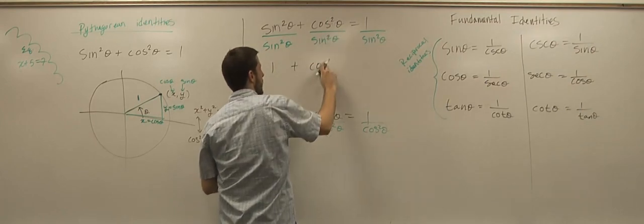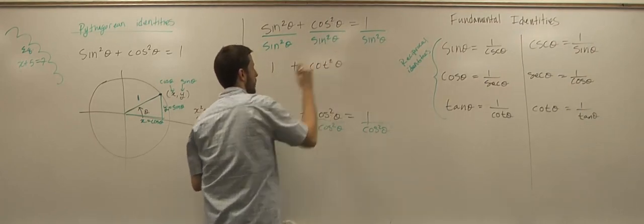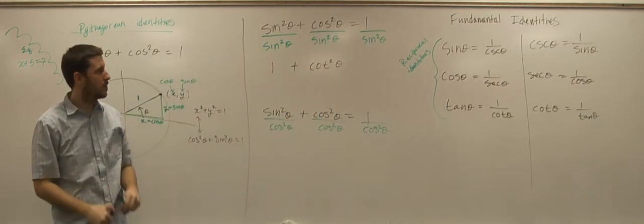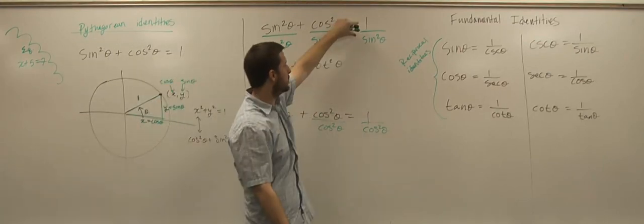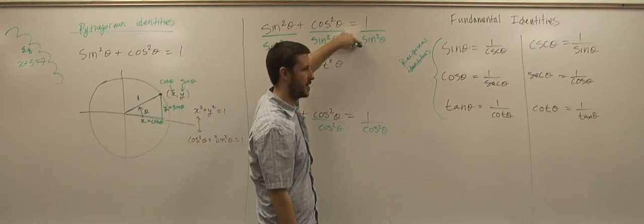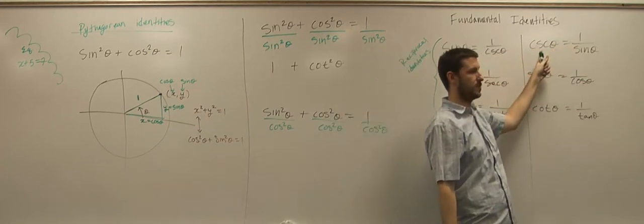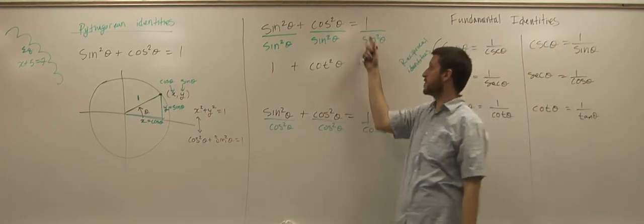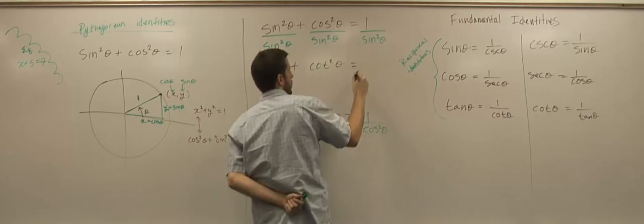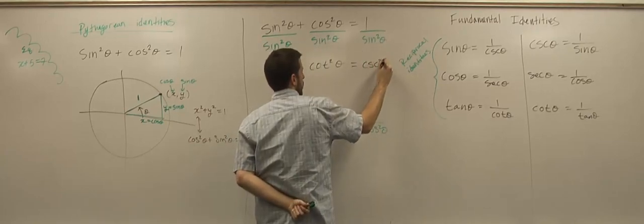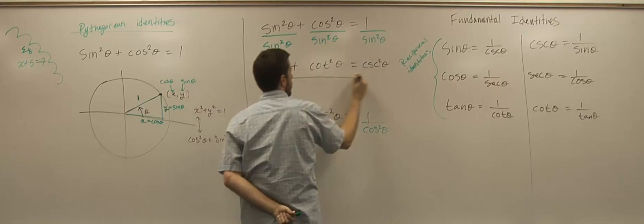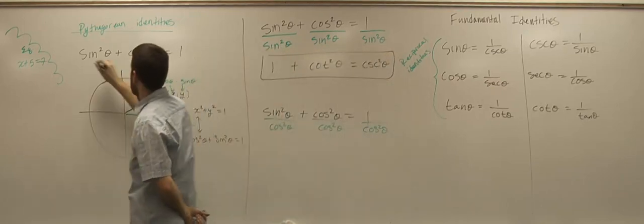Because it's squared, you'll have cotangent squared. Reciprocal identities, what's 1 over sine? Cosecant. So 1 over sine squared becomes cosecant squared. This is your other Pythagorean identity.